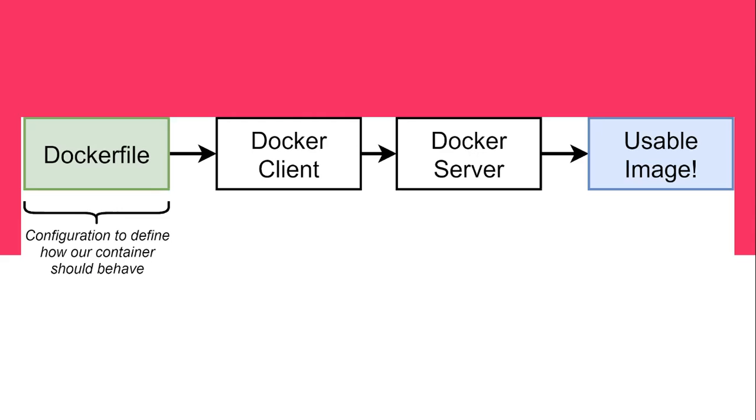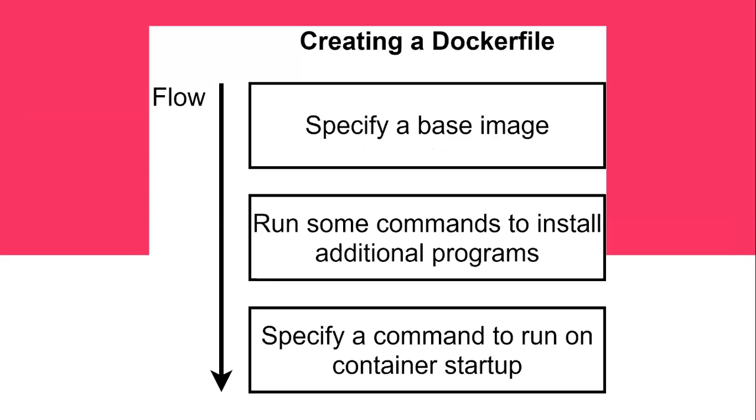Whenever we execute the Dockerfile, it talks to the Docker client, which is our Docker CLI. The Docker CLI in turn will communicate with the Docker server, and it will create a usable image. So these are the four steps that are involved in this. And after we have got the image, we can run the image to create containers.